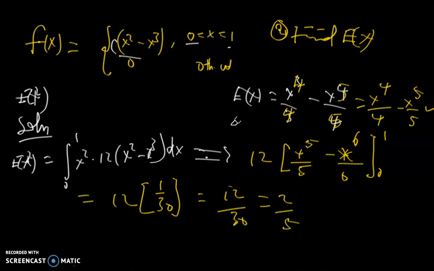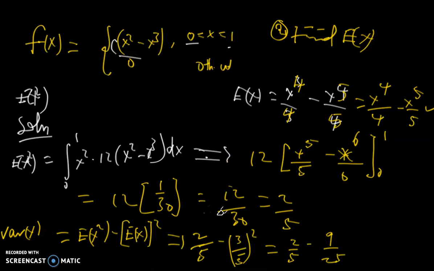So now, to find the variance of x, it will simply be the expected value of x squared minus the expected value of x, all squared.